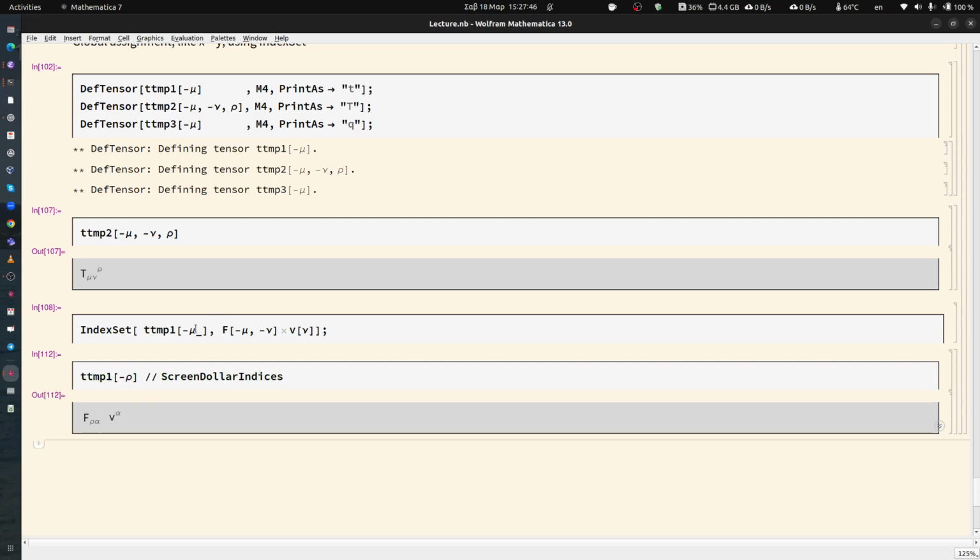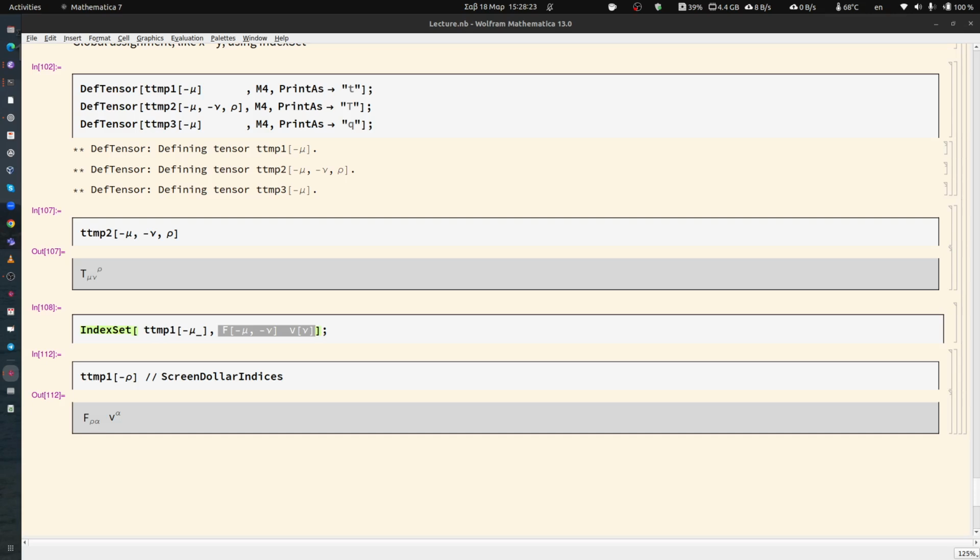So the fact that we used the underscore here means that we can use any index that we want there. In Mathematica, these are called patterns, and any pattern there involving this index will be substituted with the assignment tensor here.